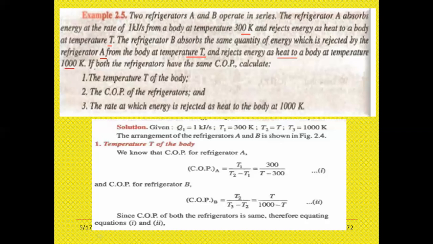If both refrigerators have the same coefficient of performance, then calculate the temperature T of the body, the COP of the refrigerators, and the rate of energy rejected as heat to the body at 1000 Kelvin.